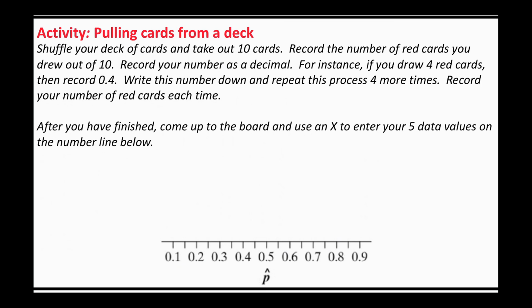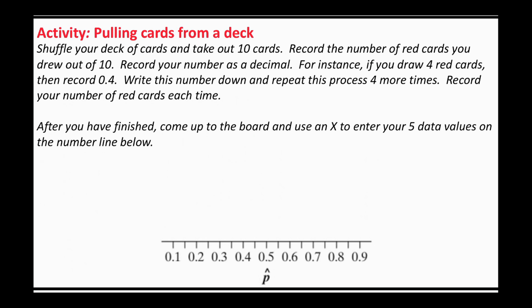Okay. So the instructions are up there. You're going to shuffle your deck of cards and pull 10 cards. Turn them over so you can look at them. Okay, you're going to look at all your cards.